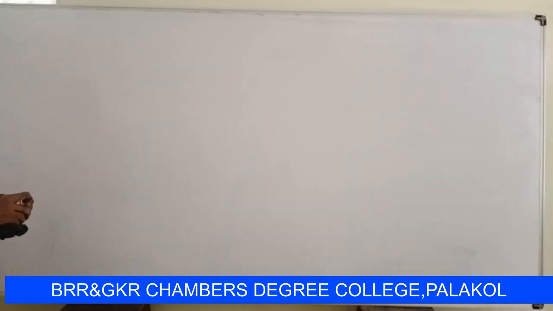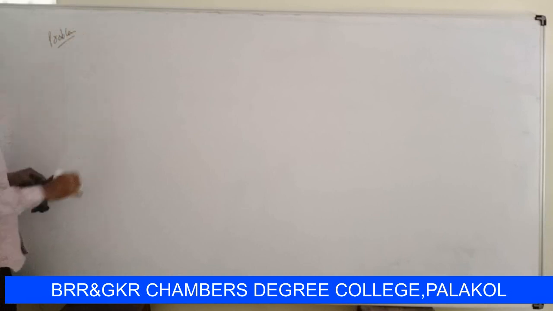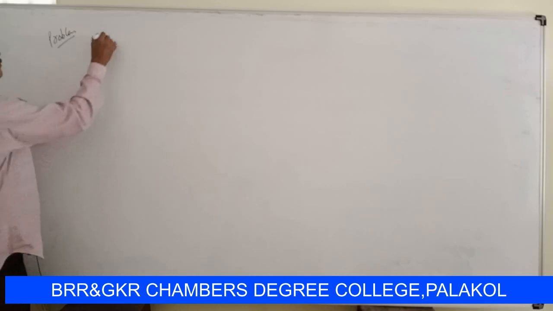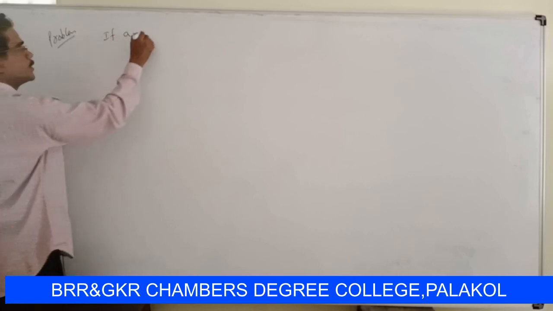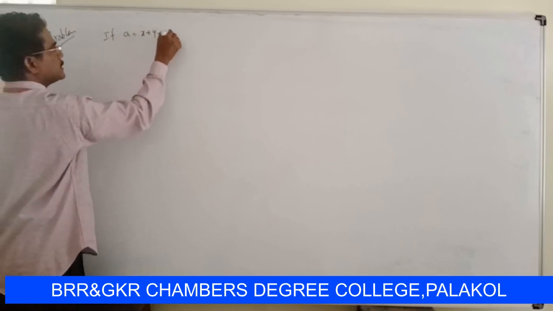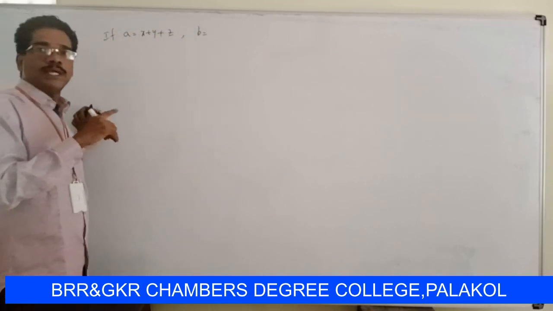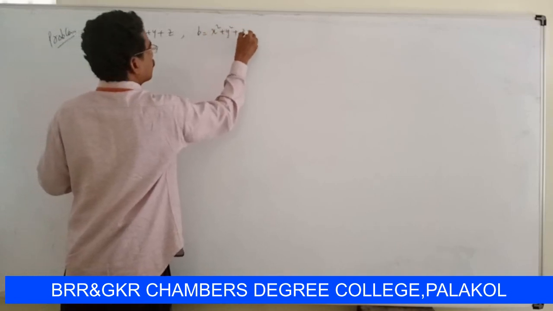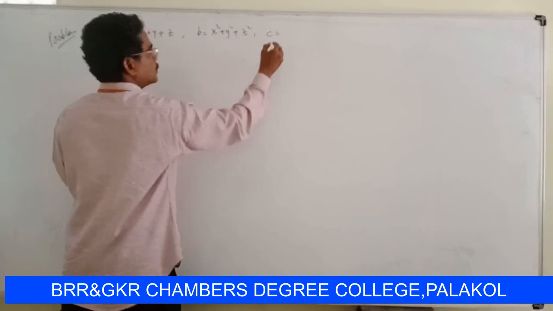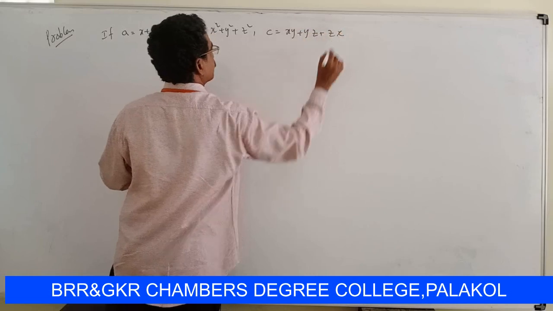Next, using this definition, some problem solve. Suppose the vectors a equal to x plus y plus z, b equal to x square plus y square plus z square, and c is equal to xy plus yz plus zx.